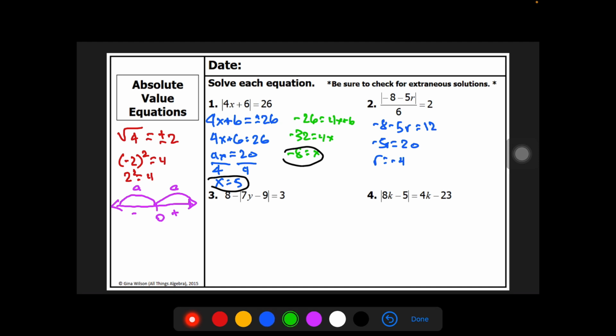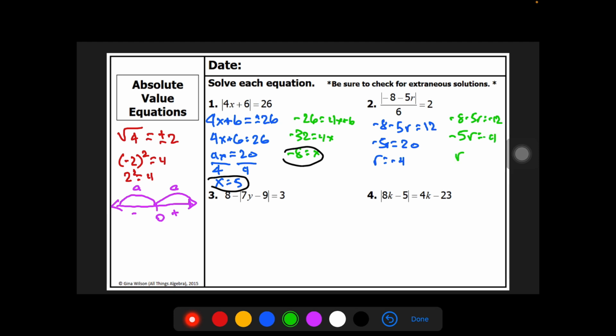For the other solution, we're going to set it equal to negative 2. So multiplying 6 by negative 2 is going to give us negative 12. We'll get negative 8 minus 5r equals negative 12. Again, that's negative 2 times 6. Add 8 to negative 12, we get negative 5r is equal to negative 8 plus 12, or negative 4.